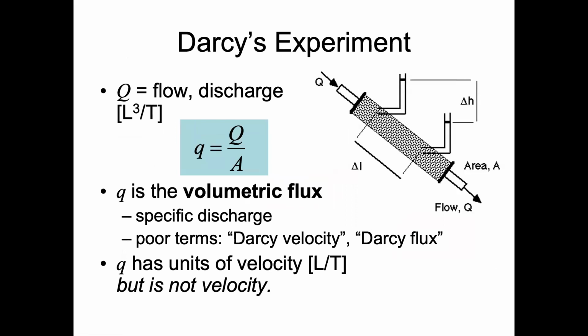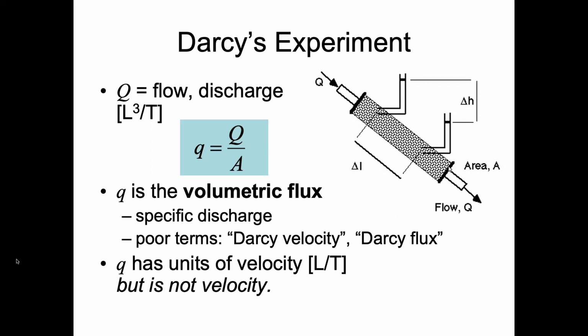So here's Darcy's law. Q is the flow or discharge in units of length cubed per time through a column of sand, or you can think of it as a volume moving through an aquifer system. It's related to another term called volumetric flux, and the two terms are related through the cross-sectional area.